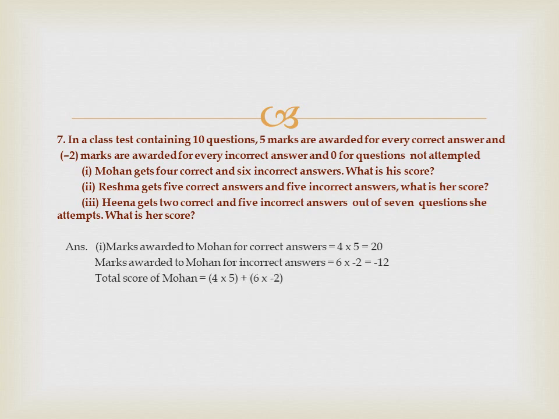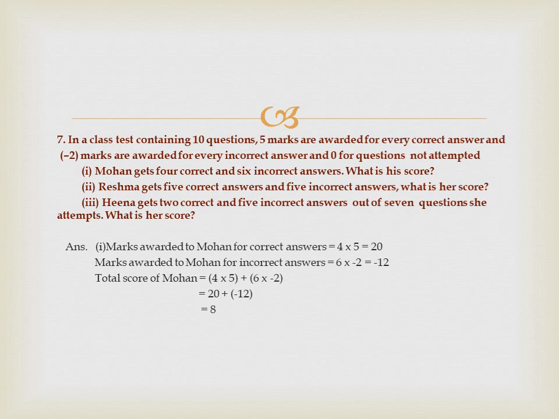Therefore, total score of Mohan is equal to 20 plus negative 12, that is equal to 8. That is, 12 marks is reducing for incorrect answers. Therefore, total score of Mohan is equal to 8 marks only.